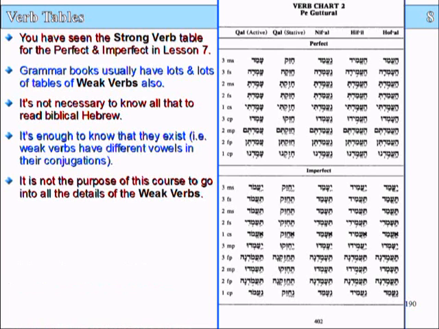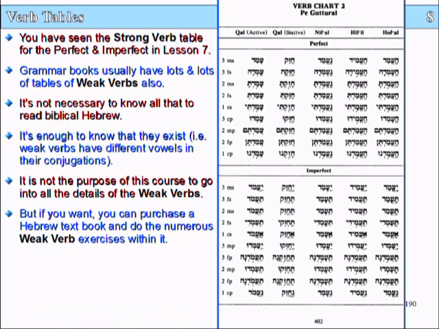It's not the purpose of this course to go into all the details of weak verbs. But if you want, you can purchase a Hebrew textbook and do the numerous weak verb exercises within it. Again, most biblical Hebrew grammar textbooks will spend anywhere between 1/3 to 2/3 of the book on weak verbs.